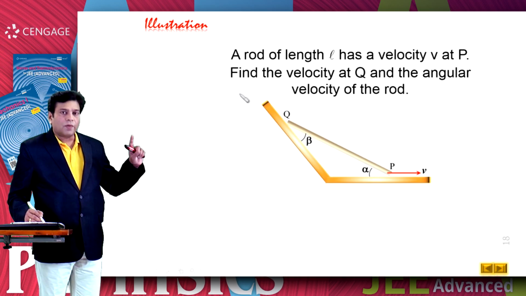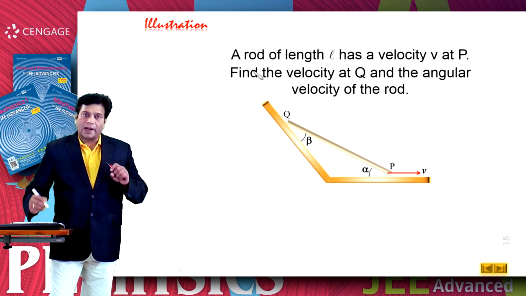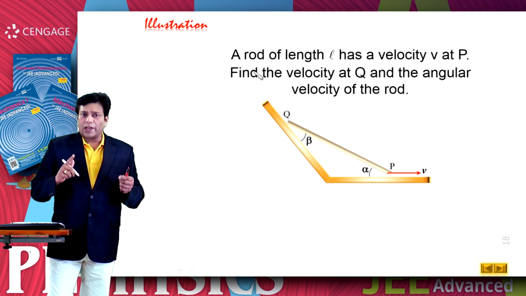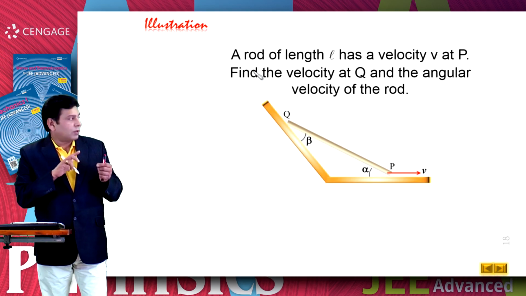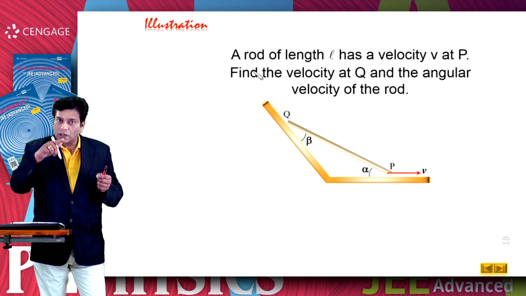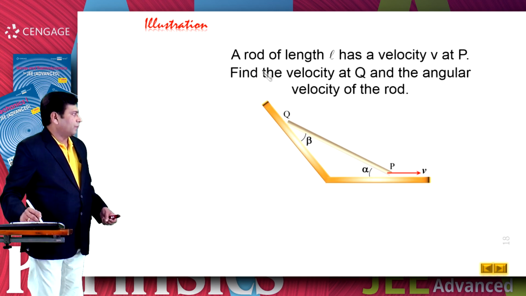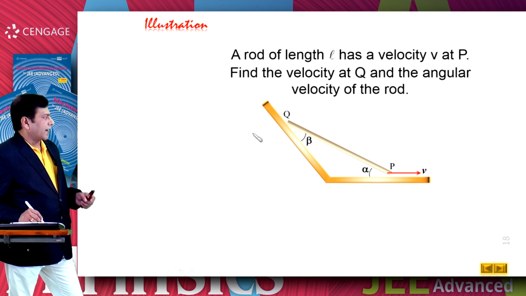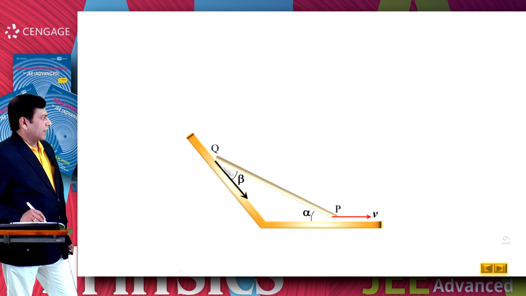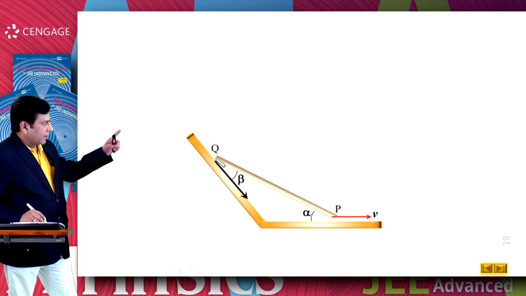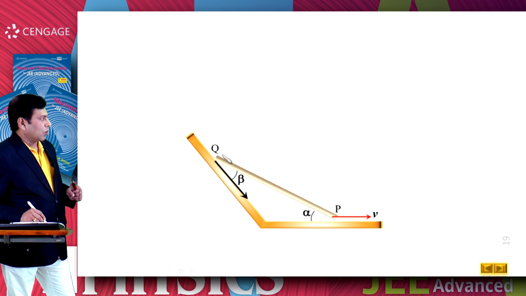So let us use the first concept, that is the concept of the rigid body, that is velocity of the end point along the length of the rod should be equal. So let us draw this diagram again. We can draw the velocity of point Q, that will be along the inclined wall.